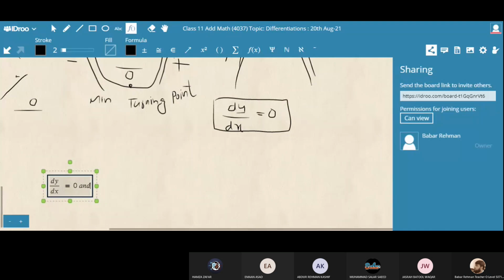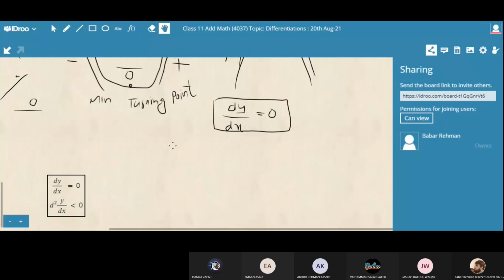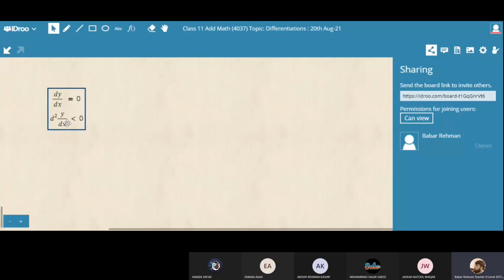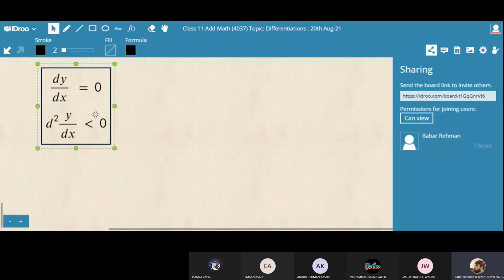d square y by dx square is less than 0, if double derivative is less than 0, when you put the value of x after finding derivative, student, if your derivative is equal to 0 and then you find double derivative and it is less than 0, then your point will be maximum, because it is asked in the nature of points in exam.